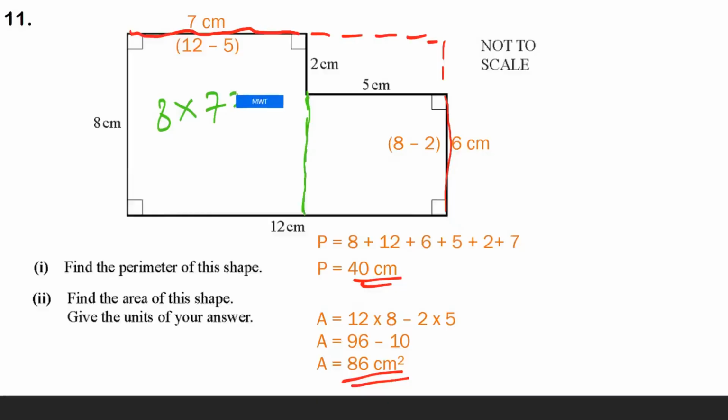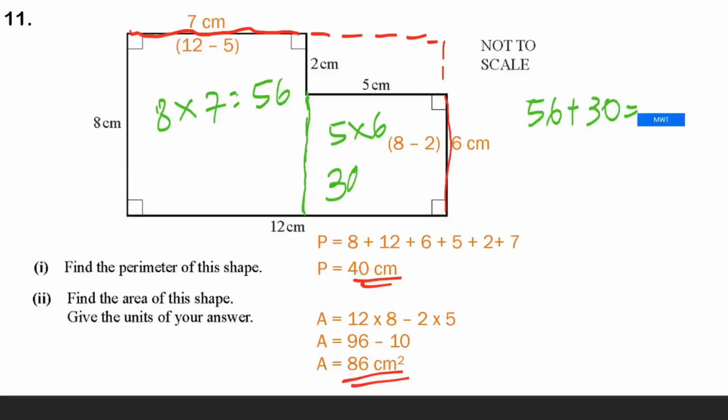That is equal to 56 square centimeters. And the other one is 5 times 6. That gives you 30 square centimeters. So 56 plus 30, that gives you the same answer, 86 square centimeters.